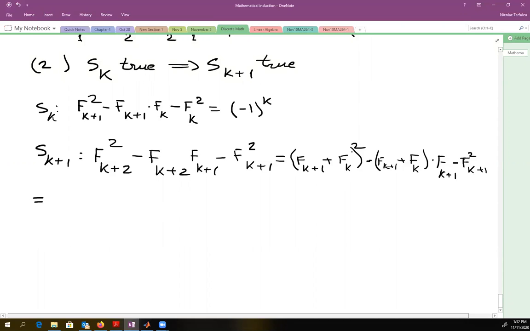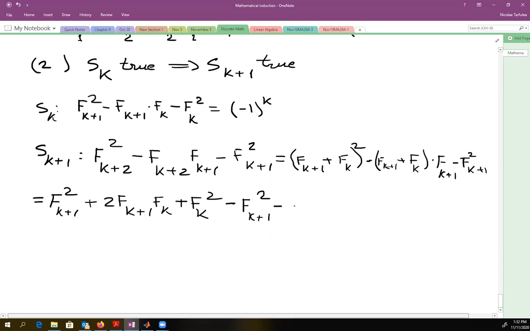Okay, so this equals, I'm going to move it here because otherwise it will be a bit too crowded. Let's expand this binomial. The binomial expansion of that is F_{k+1} squared plus 2 times F_{k+1} times F_k plus F_k squared. I'm done with the first term on the right-hand side. Minus, I'm going to FOIL the second term. So I get F_{k+1} squared, which is good, we will have a cancellation immediately.